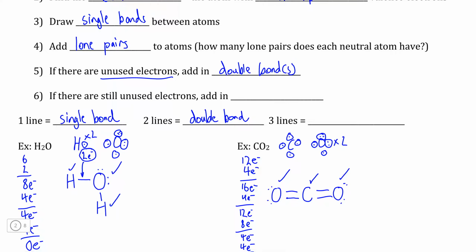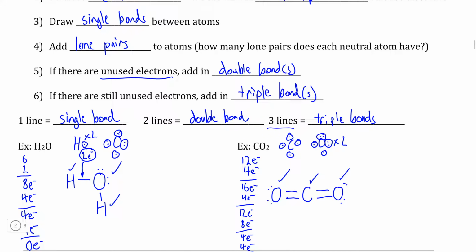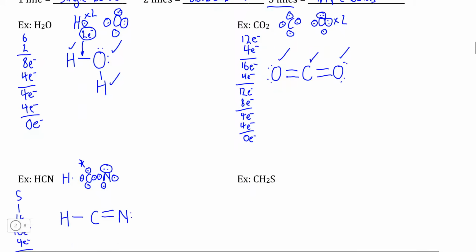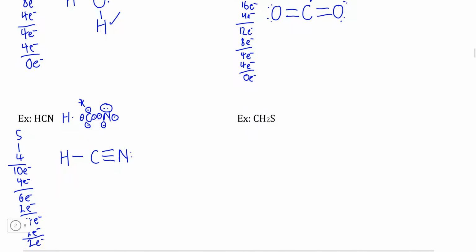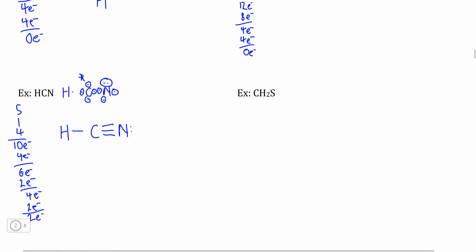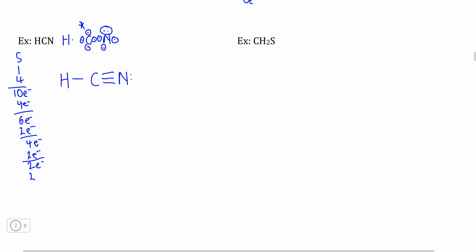But then if we remember that triple bonds actually exist, and we can show a triple bond with 3 parallel lines, this is indeed the last step of the process of drawing covalent Lewis structures. If there are still unused electrons after adding in double bonds, we can put a triple bond in like so, thereby using up the last 2 electrons that we have.